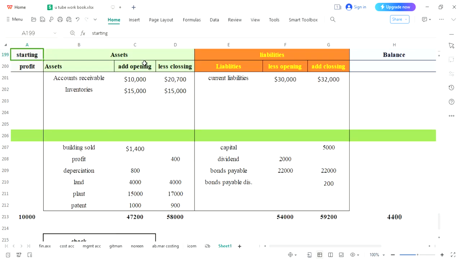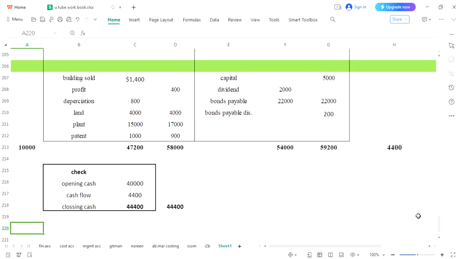First step, you will add all opening, closing, opening liability, closing liability. These are sum and this is your profit. So what you will do, profit plus opening minus closing asset minus opening liability plus closing liability, you have got this answer. And you have posted this answer over here.